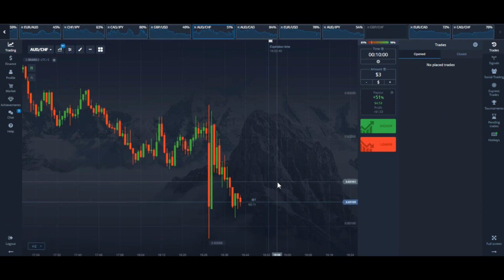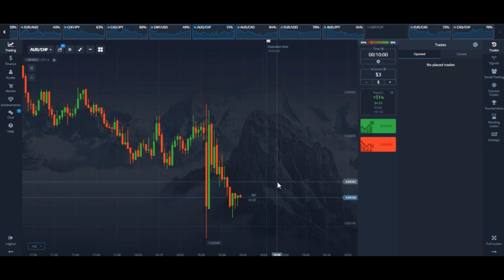So that's enough for today. I am taking 3 to 5 trades daily. If I get 3 wins consecutively, I close the trading, or otherwise I take up to 5 trades.